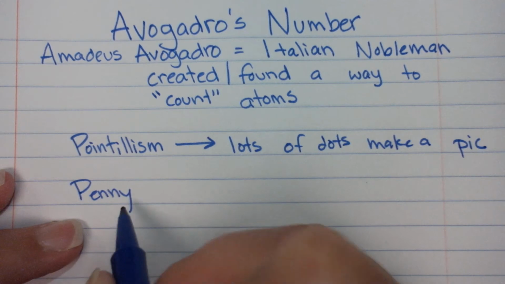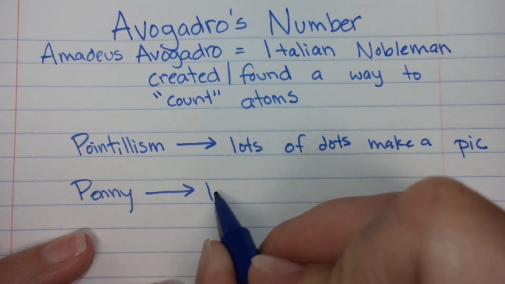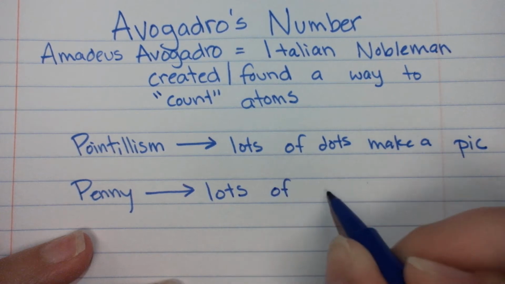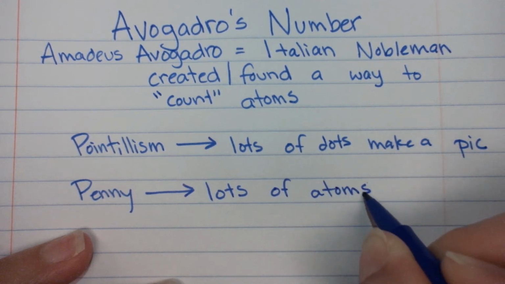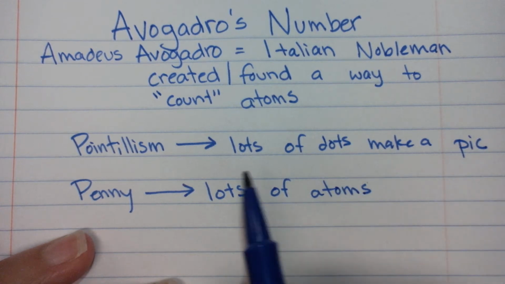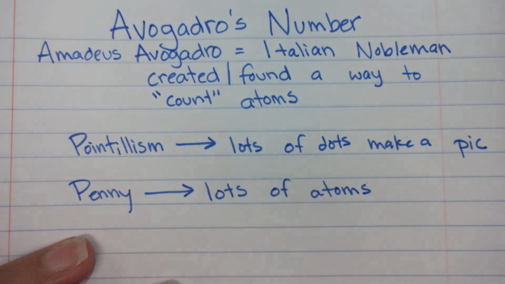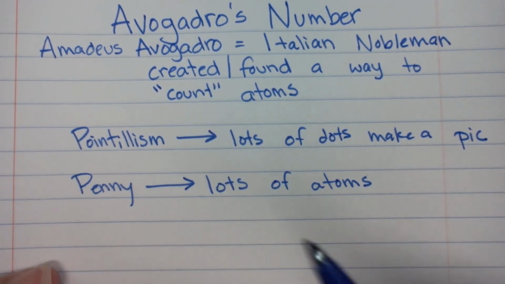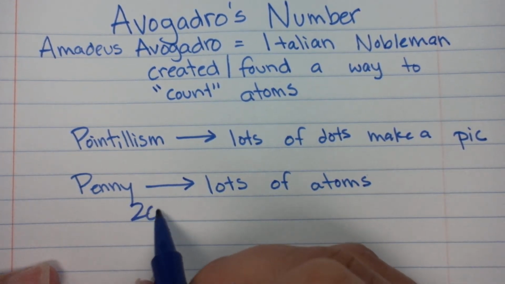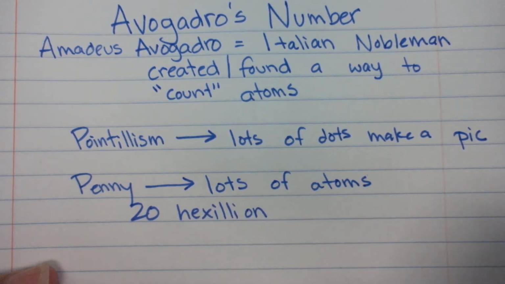Remember our penny friend? The penny had lots of atoms. How did we figure out how many atoms the penny had? Well, that came a lot from Amadeus Avogadro's work. Okay. So remember we said it was 20 hexillion. It's a lot.